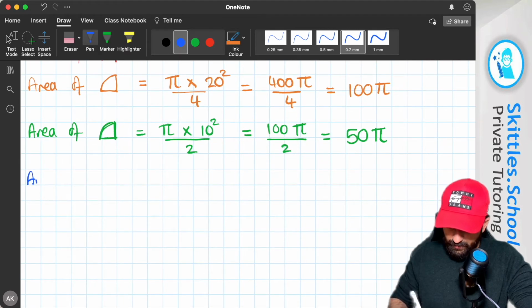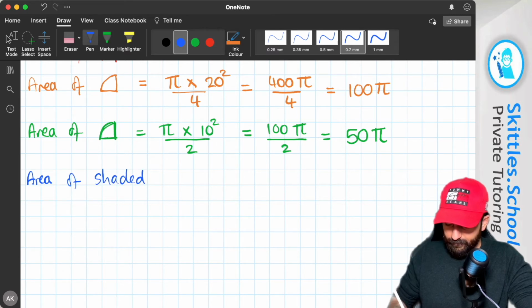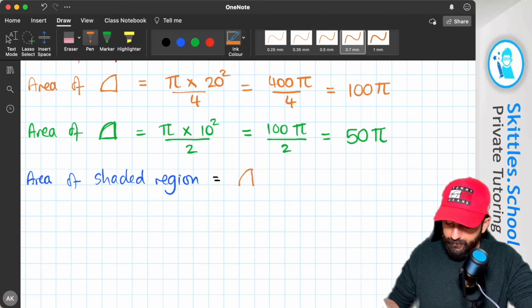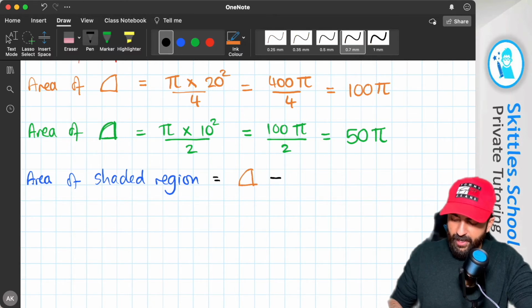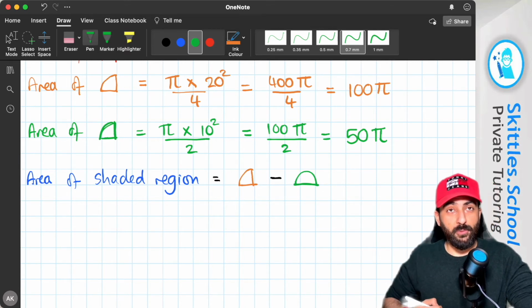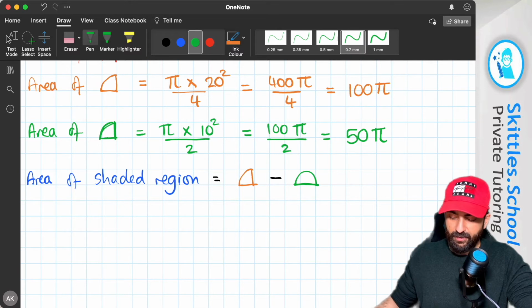So area of the shaded region is the quarter circle subtract the semicircle. And both of these we've already worked out. We've worked out the quarter circle and we've worked out the semicircle.